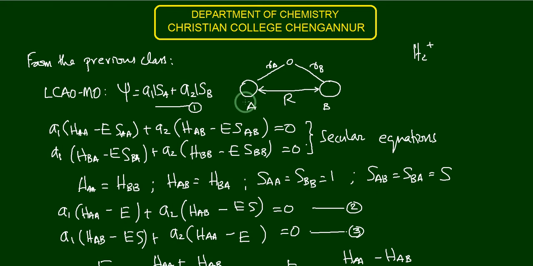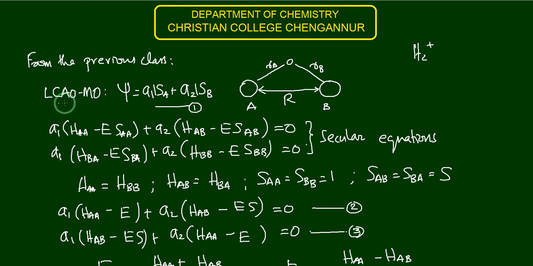Then we were examining this system quantum mechanically, and for that we assumed that the molecular orbital which this electron occupies was a linear combination of atomic orbitals.